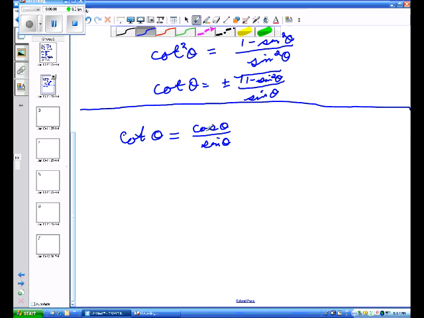Now we only want sine, so we stop here and think, is there an identity that deals with cosine and sine? Well, we have a Pythagorean identity that says that cosine squared theta plus sine squared theta is 1. We're wanting to write cosine in terms of sine, so we'll solve this for cosine.